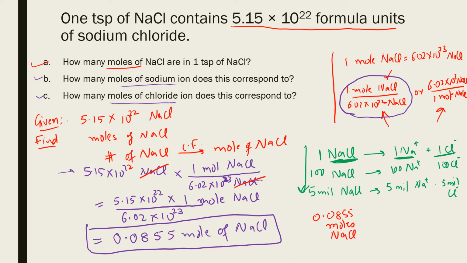So 0.0855 moles of NaCl will have the same number, 0.0855 moles of sodium ions, and similarly 0.0855 moles of chloride ions, and that's the answer for part B and part C.